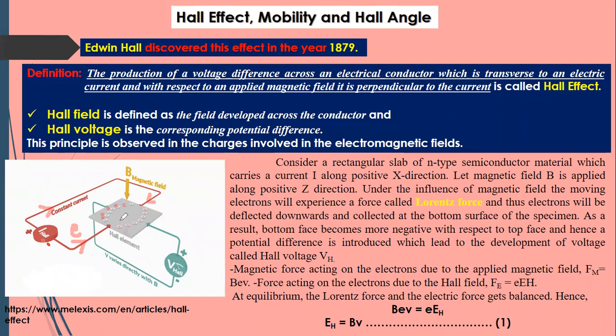In the absence of a magnetic field, the conduction electrons drift with a velocity in the negative x direction. The electrons travel toward the negative x direction.